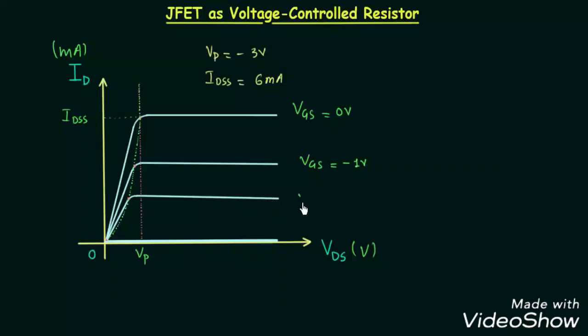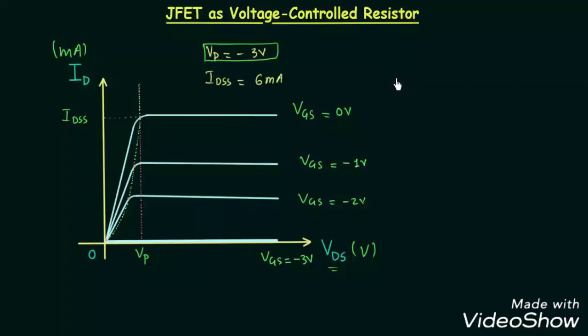This curve is obtained when VGS is equal to -2 volt, and when VGS is equal to the pinch off voltage, then ID will remain 0 always. Even when you increase VDS, ID will remain 0. So the last curve is for VGS equal to -3 volt, which is the pinch off voltage.